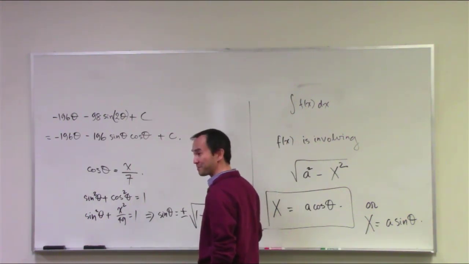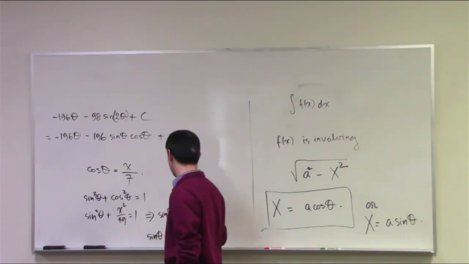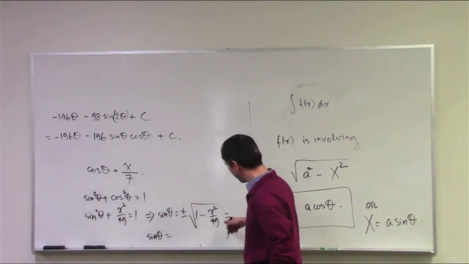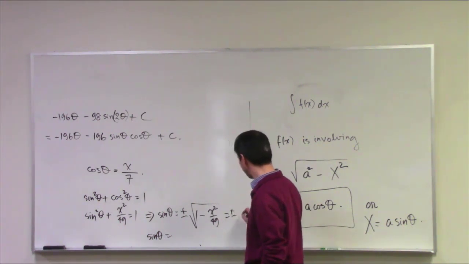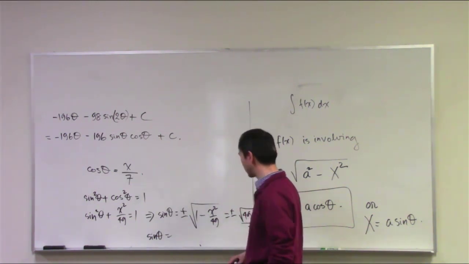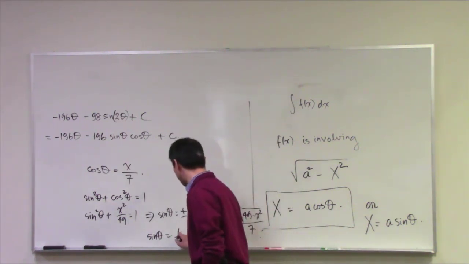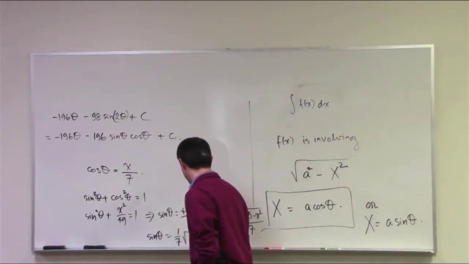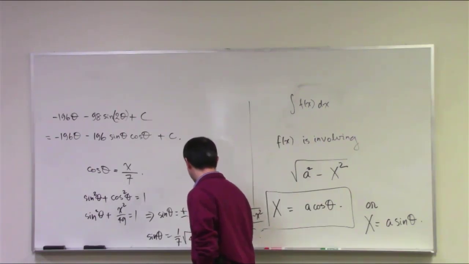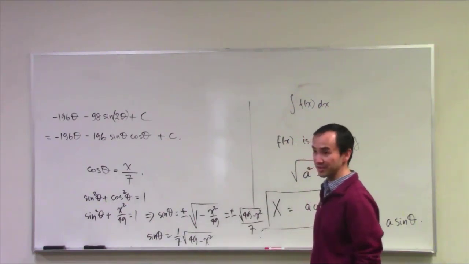And so, using that, sine theta equals a positive square root of 49 minus x squared, but all over 7 outside of the square root. So it's choosing a positive square root, but here we're looking at 1/7 times the square root of 49 minus x squared.